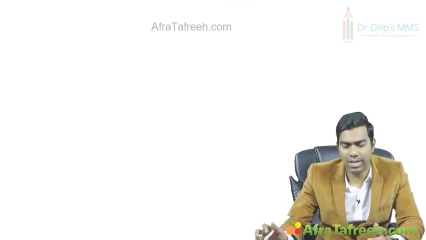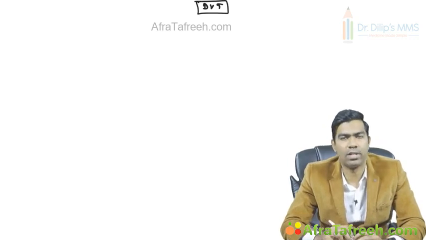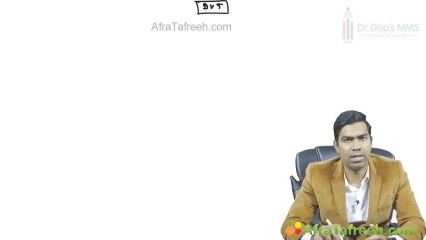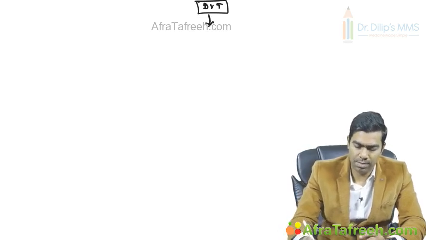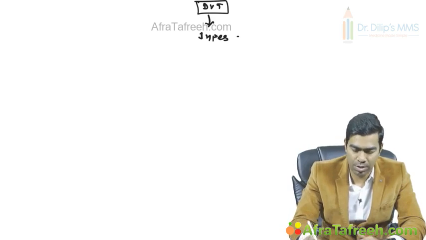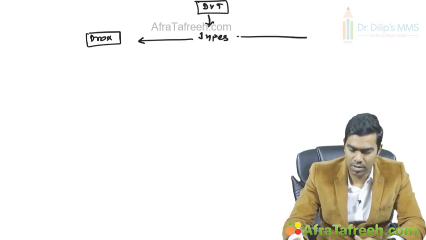Then let us move on to the DVT per se. Till now, we have seen the general risk factors of venous thromboembolism. Now, let us see the DVT per se. So first, what are the types of DVT and how do you classify a DVT based on its anatomical location? First, it can be a proximal DVT, or second, a distal DVT.